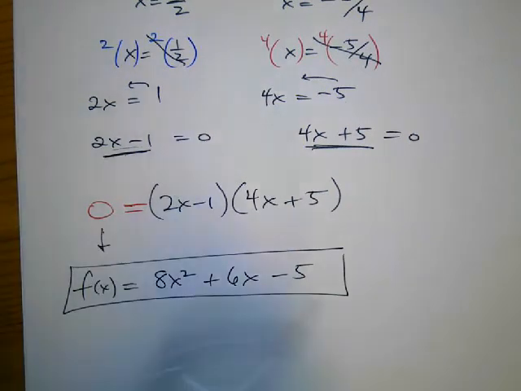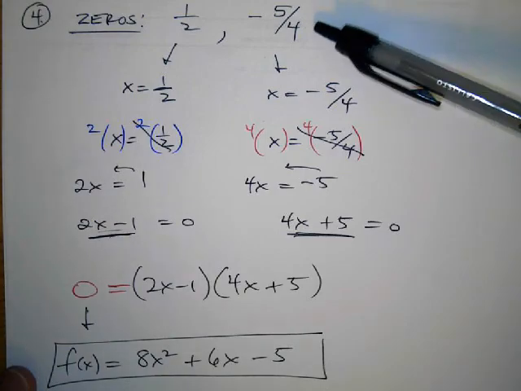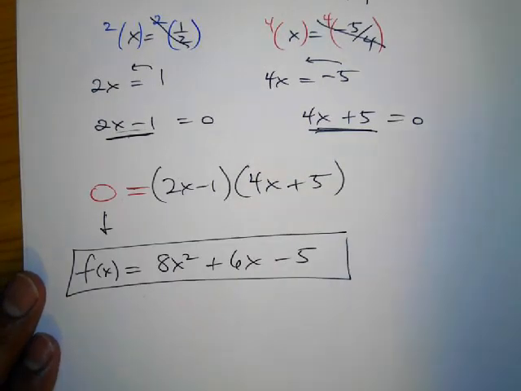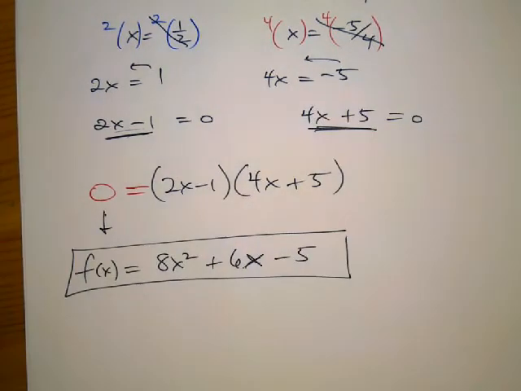When you multiply this, you'll get 8x squared plus 6x minus 5. That's what we're doing. Now we're starting with the zeros, and you're coming up with the polynomial function that gets you those zeros. All right, there it is. Good luck, guys.